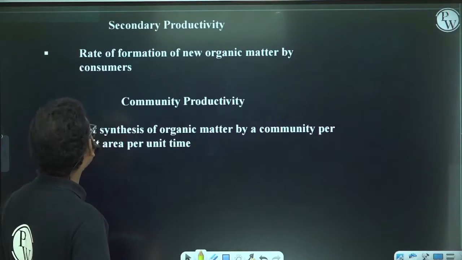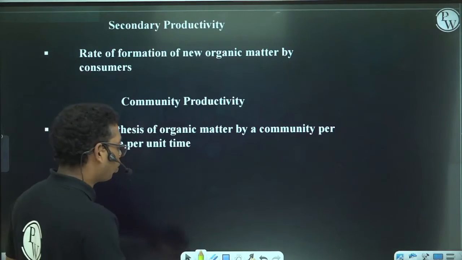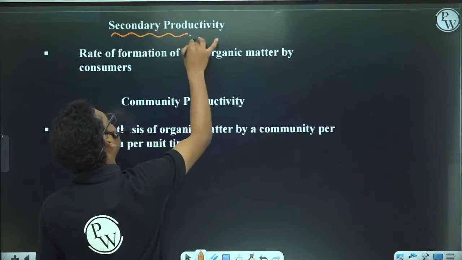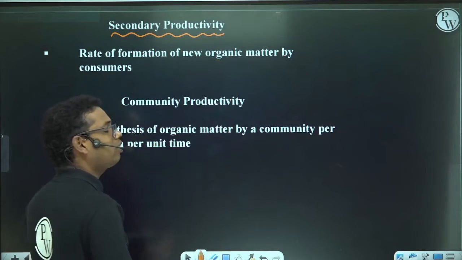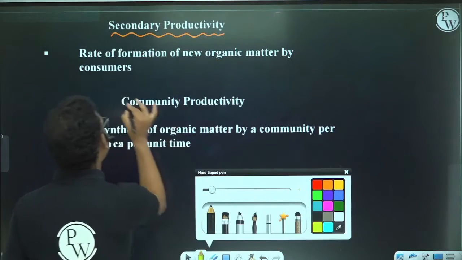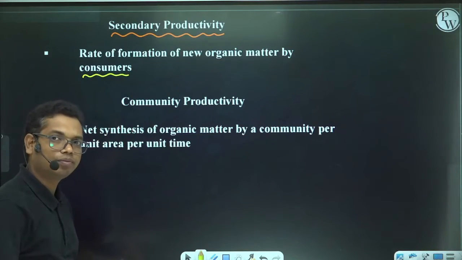Now the second type of productivity is secondary productivity. What do you understand by secondary productivity? The biomass produced per unit area per unit time by the consumers. That is secondary productivity.